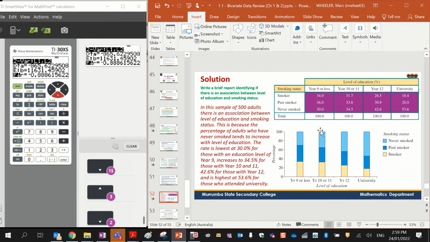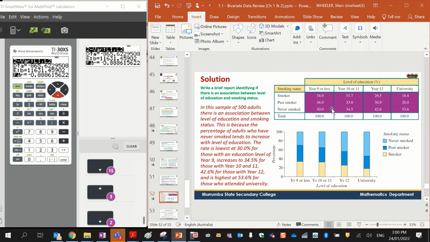Let's look at this, okay? So first of all, we can see, for example, that current smokers that finished uni, there's only 11.4%. Current smokers that only completed year 9, there's 34%. People that have never smoked that only completed up to year 9 were 30% of people.